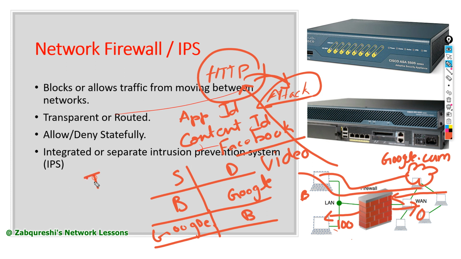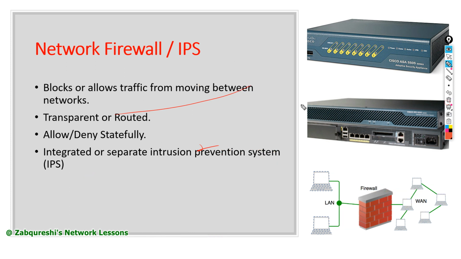It has capabilities of IPS, intrusion prevention system, right? What an intrusion prevention system does is, you have your LAN, and the IPS has something called signatures. It looks at those signatures, and it understands the pattern that is happening inside your network.